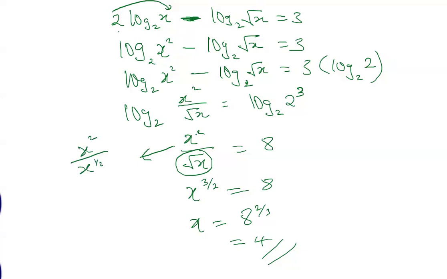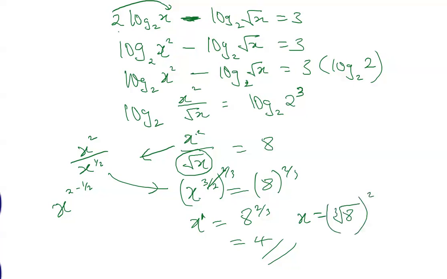So x to the 2 minus half gives you 3 over 2. So 3 over 2 equals this. If you want to find x, just multiply both sides by 2 over 3. This one becomes 1. That's why you see 1 there. This one will go 2 over 3. So x will be equal to the cube root of 8, then you square it. That gives you 4.